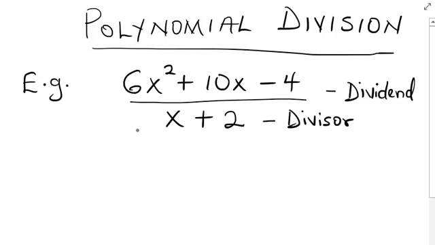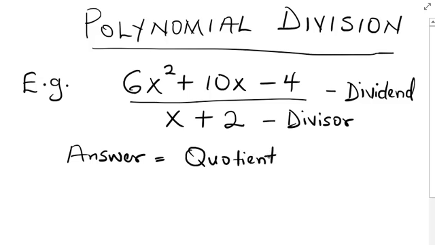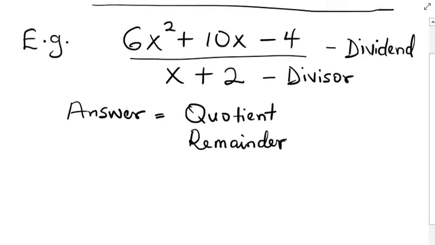And usually the answer we get after dividing is what we call the quotient. And in some cases, we may have a remainder, depending on if there is one.